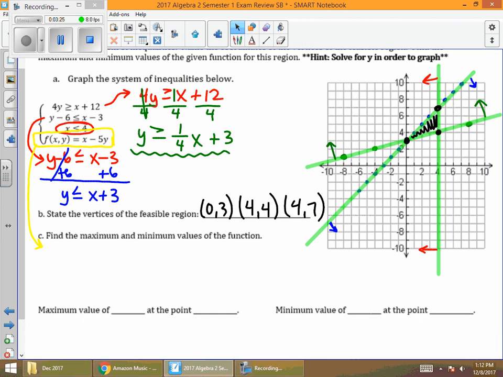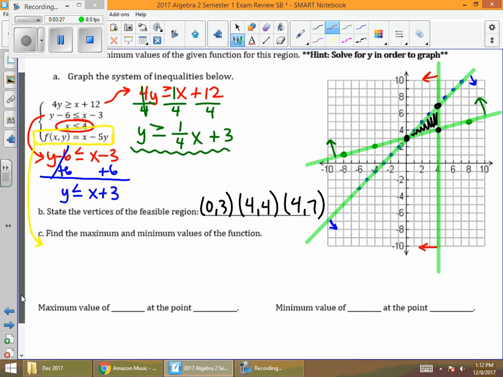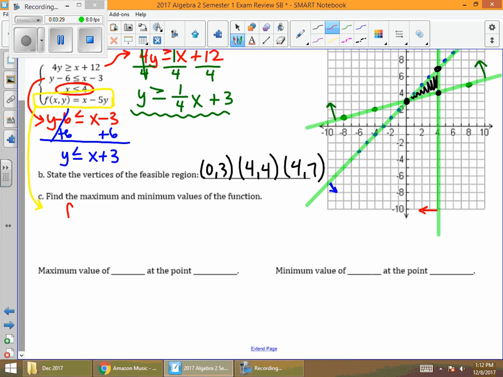So all you have to do is take that function, and I'm going to go ahead and recopy it. F of x comma y is equal to x minus 5y. And you're going to take these 3 points and use the equation, and each time replace the x-coordinate with the first one and the y-coordinate with the second one.